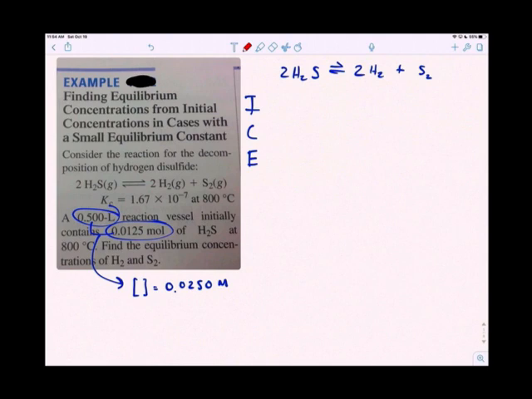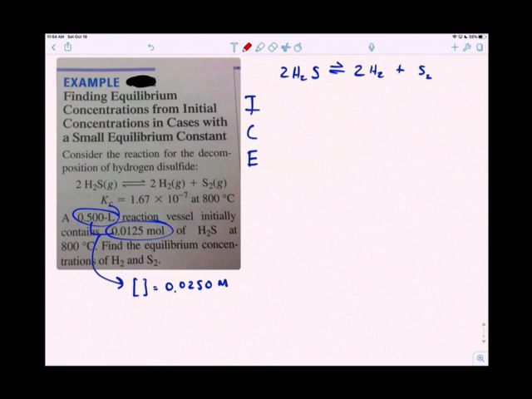So let's look at this reaction here. Hydrogen sulfide in equilibrium with two hydrogens and a sulfur. Kc is 1.67 times 10 to the minus 7. A half liter reaction vessel initially contains 0.012 moles of hydrogen sulfide.